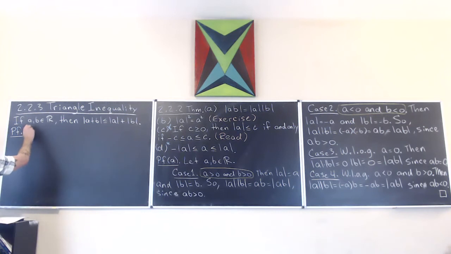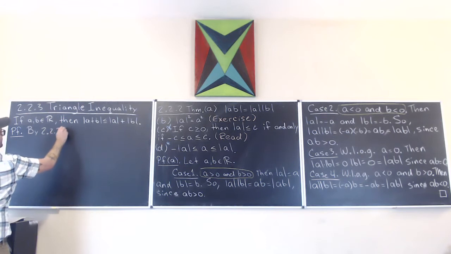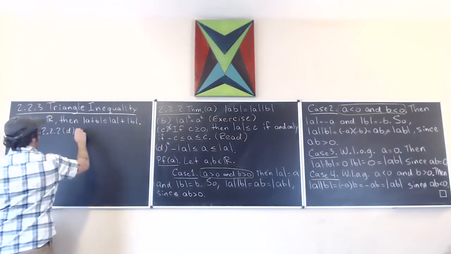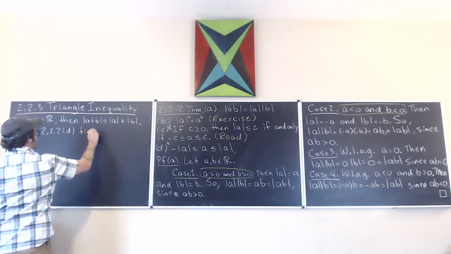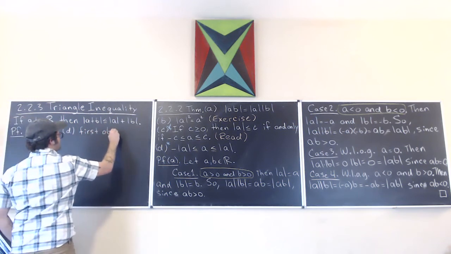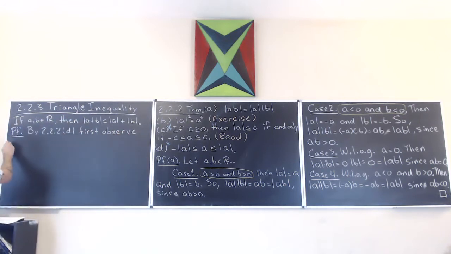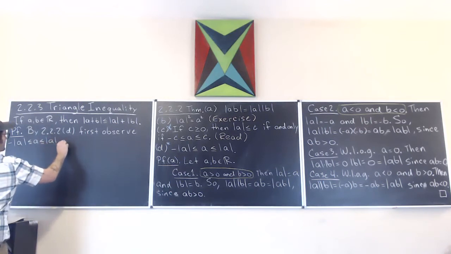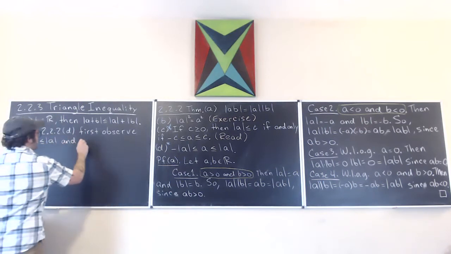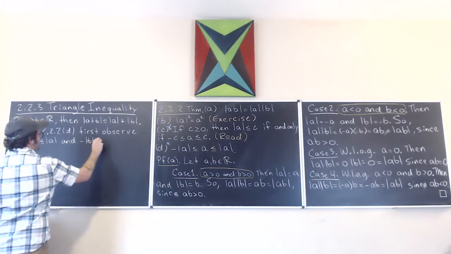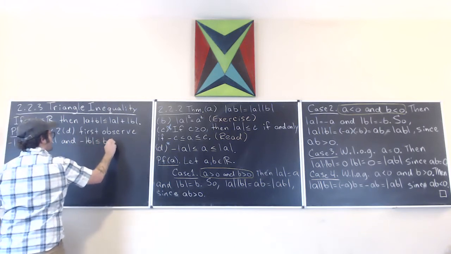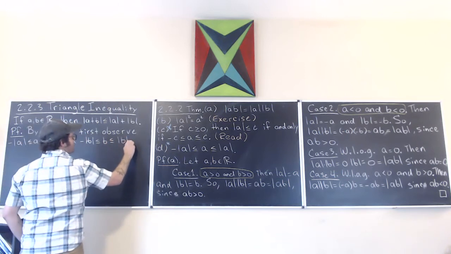So by 2.2.2 part D, first observe that we have negative absolute value A is at most A, which is at most the absolute value of A, and negative absolute value B is at most B, which is at most the absolute value of B.